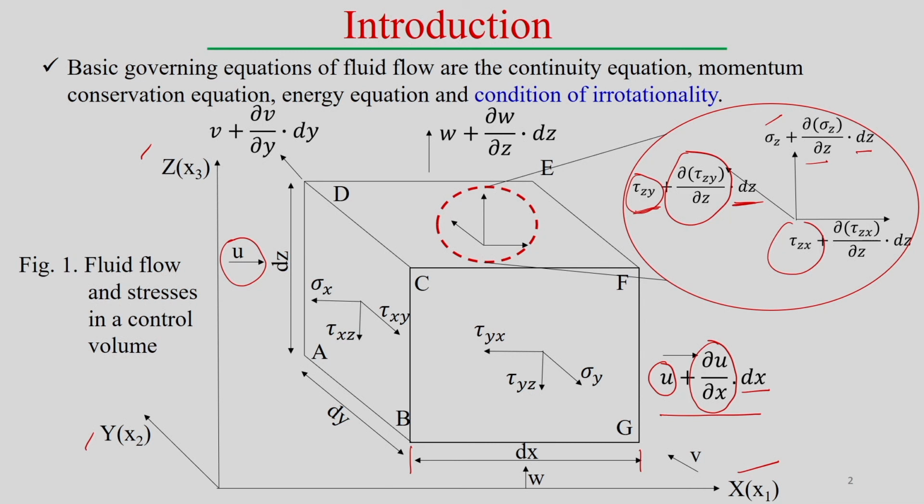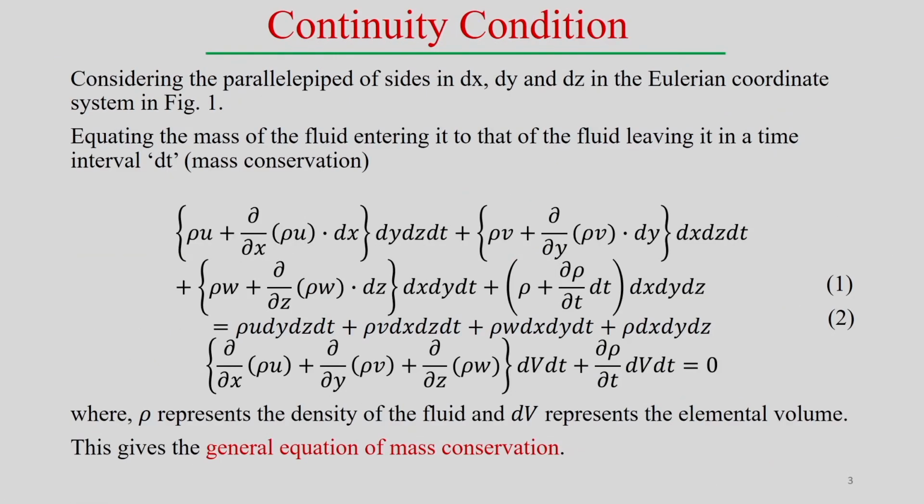Now, we can look into how the continuity equation, momentum equation and energy equation can be formed. Let us consider a parallelepiped with sides dx, dy and dz, in the Eulerian coordinate system I already explained in figure 1.